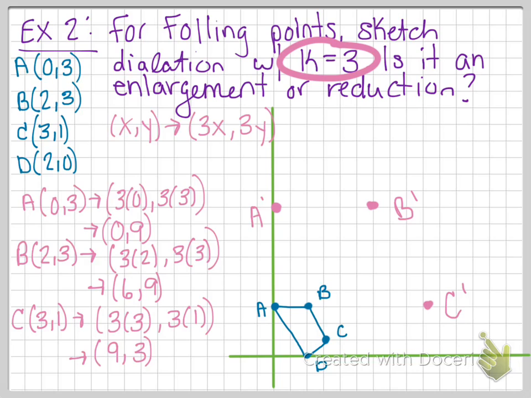I'm going to have you find D. So D is at (2, 0). All you got to do is plug it in. So I got 2 times 3 is going to give us 6. And 0 times 3 is going to give us 0. So then make sure you got that down somewhere, because I'm going to ask you a question in just a second. But then you can go and plot that point.